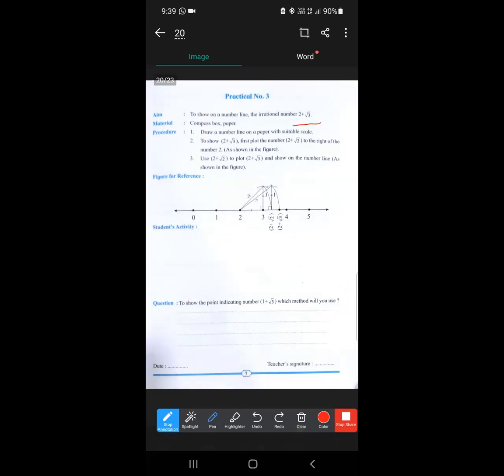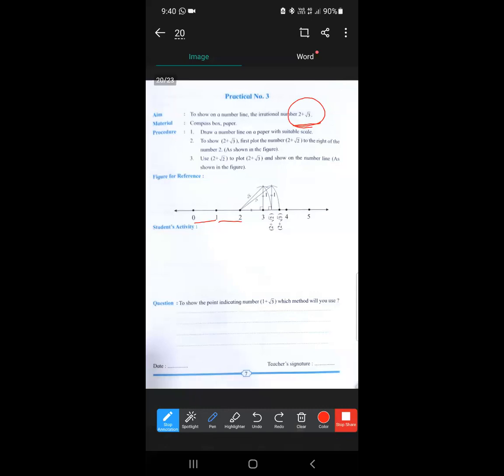That means 2 plus. So here 0 to 1, 1 to 2. Wherever you plot root 3, it should be after 2, because in the question they have told us to plot 2 plus root 3.